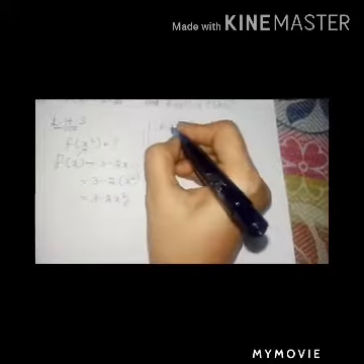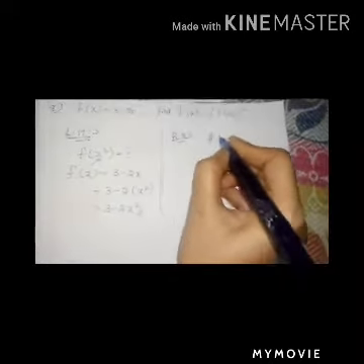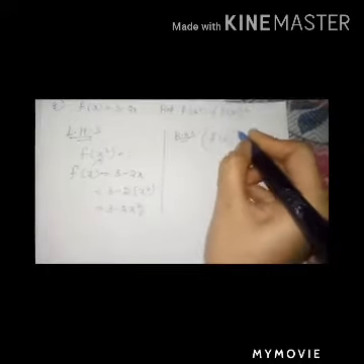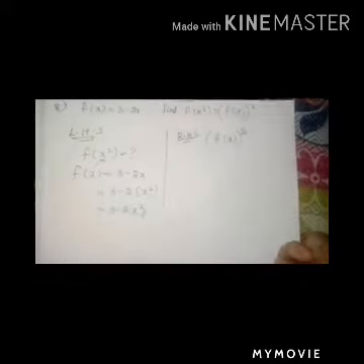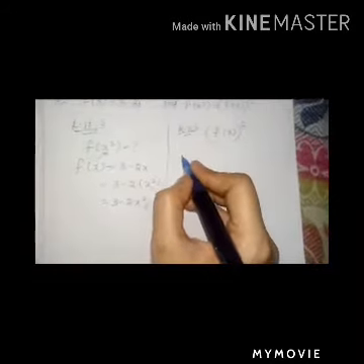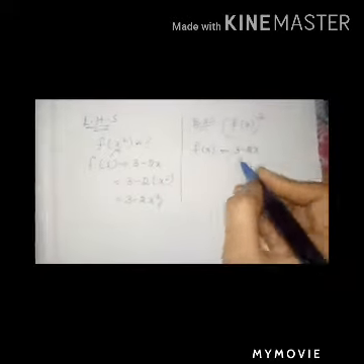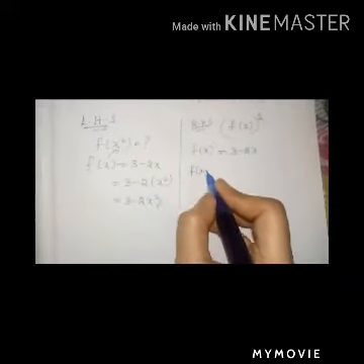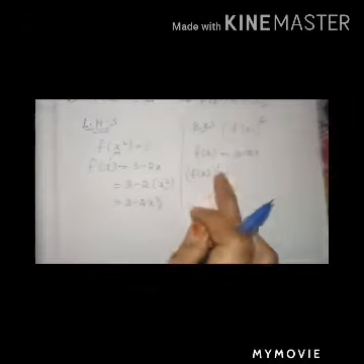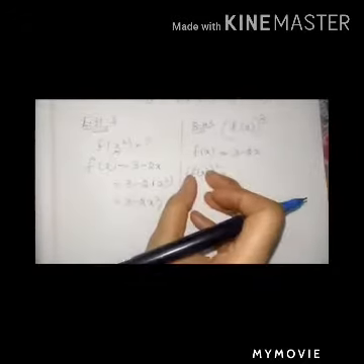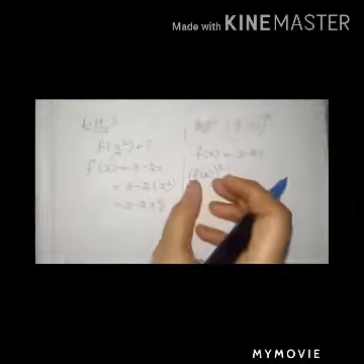Next, let us find our RHS. RHS is f of x the whole square. What is your f of x? 3 minus 2x. We need to square this whole function.